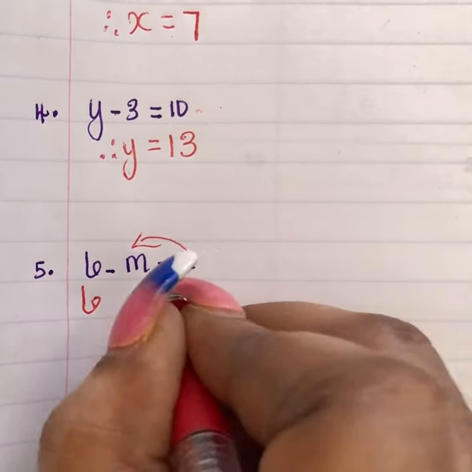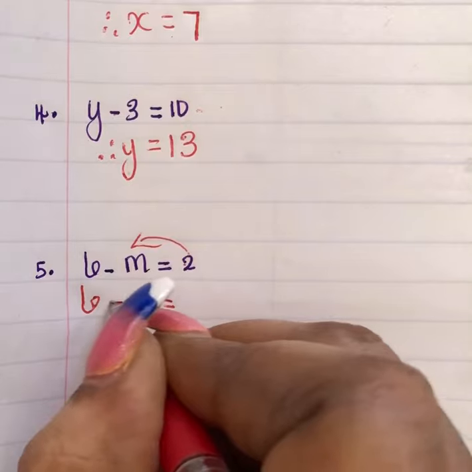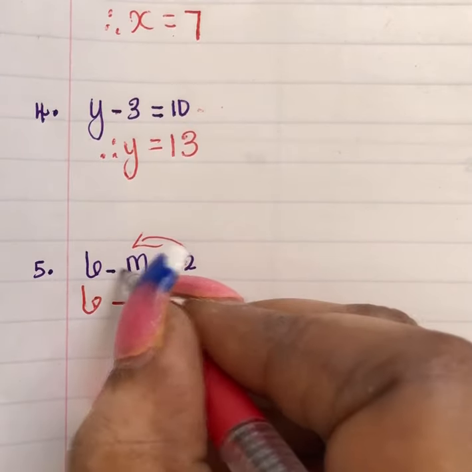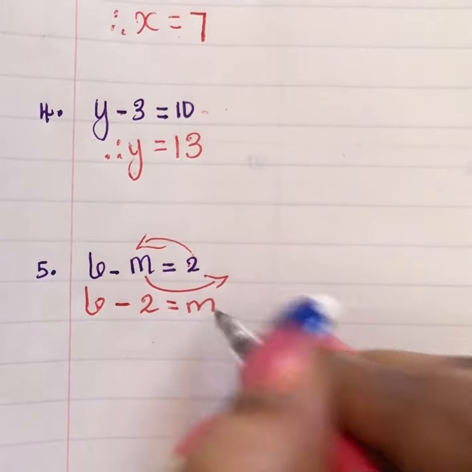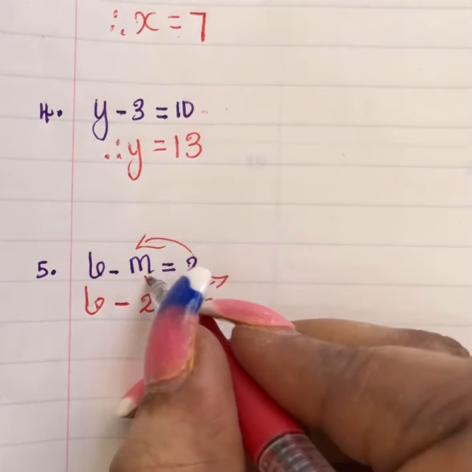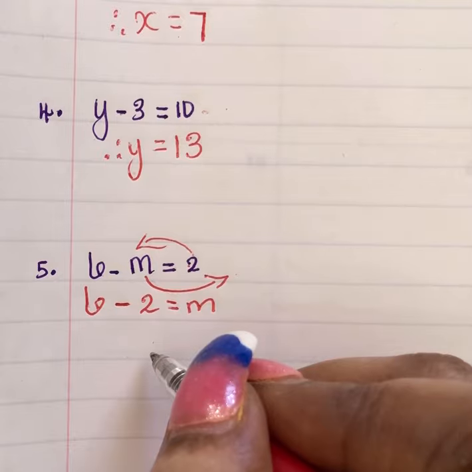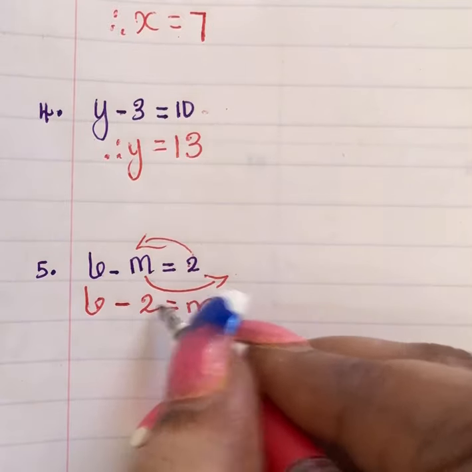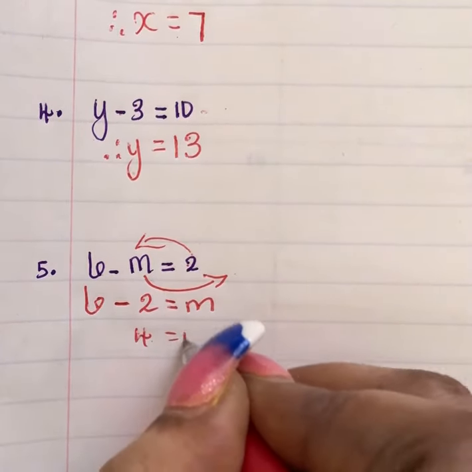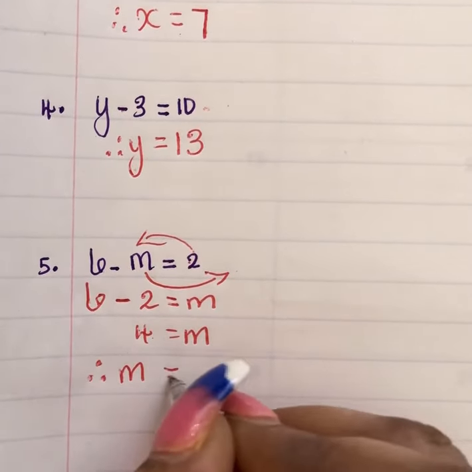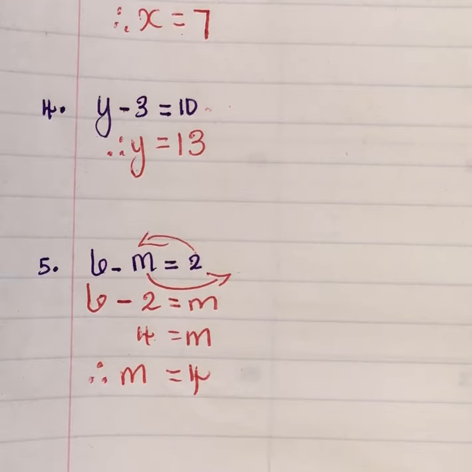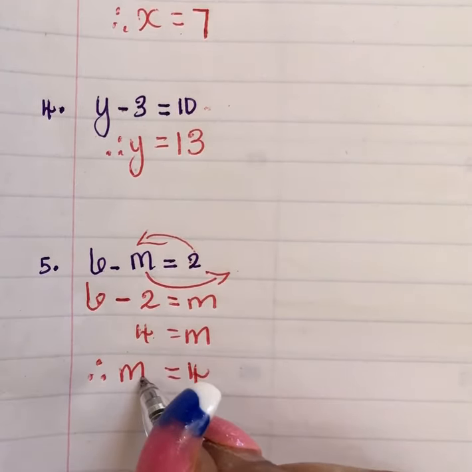When it goes across the equal sign, it becomes a negative. My unknown is a negative. I need it to be a positive, so I take it across the equal sign. 6 minus 2 leaves me with 4. And then we can swing our equation around to put our unknown on our left-hand side.